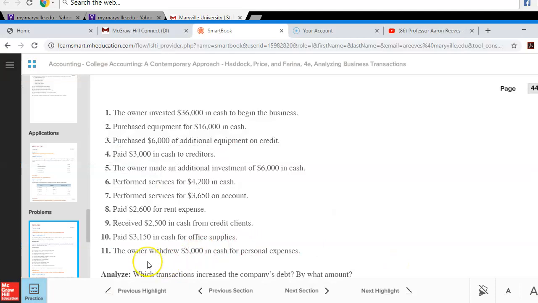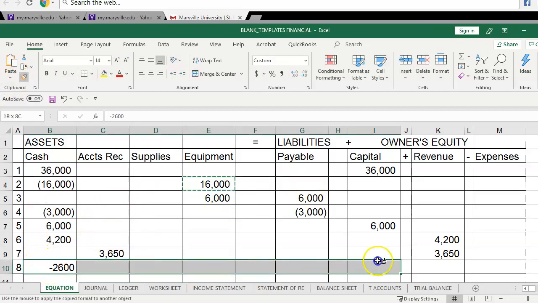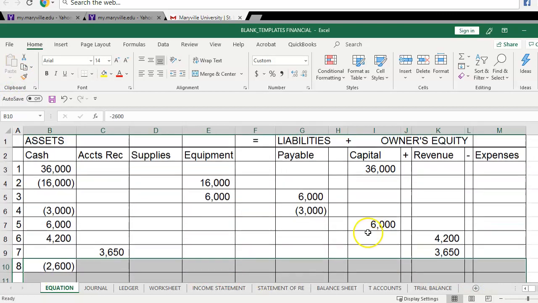A few more. Number 8, paid $2,600 for rent expense. Again, paid $2,600 for rent expense. So because I'm making a payment, my cash account would decrease by $2,600. Let me change my format real quick. Keep it looking uniform. There we go.